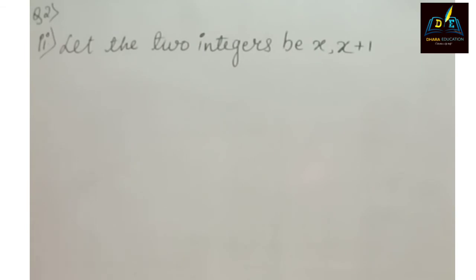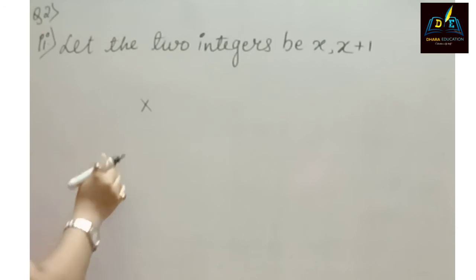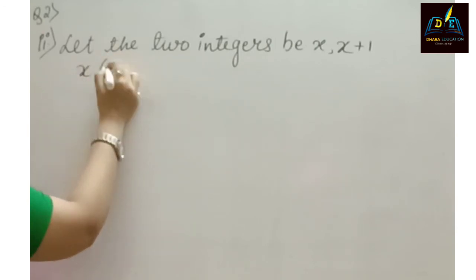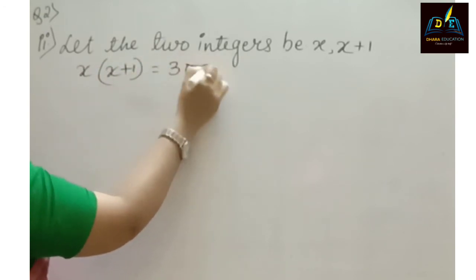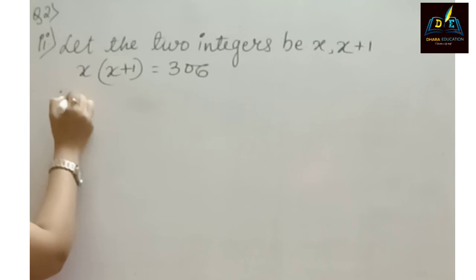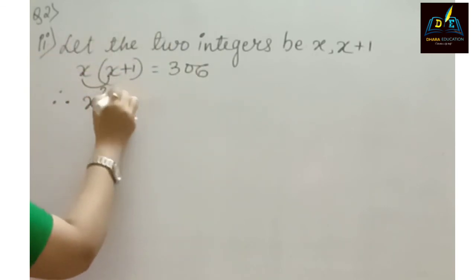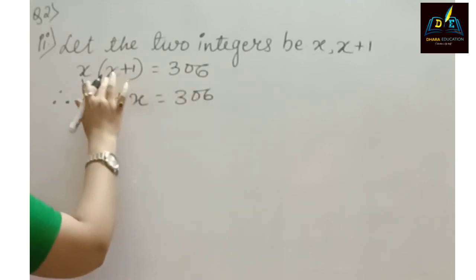But in the given question, it is written that the product of the two consecutive positive integers is 306. It means what? The product means what? Multiplication, correct? So how do we need to write? We just need to write x times x plus 1 is equal to 306. So therefore, by multiplying, x square plus x is equal to 306 we will get.